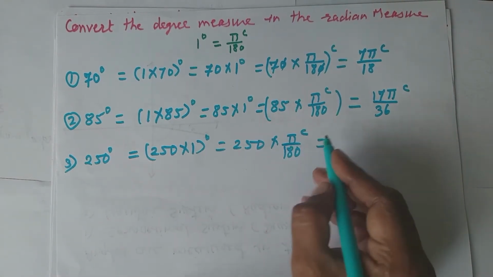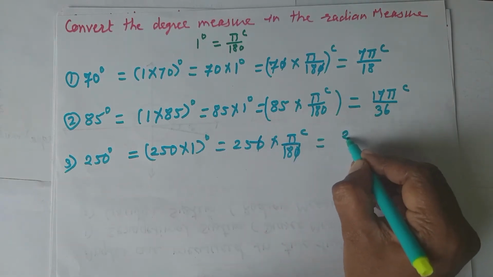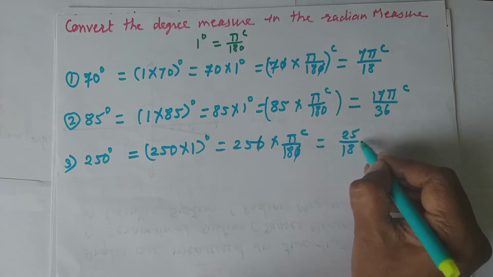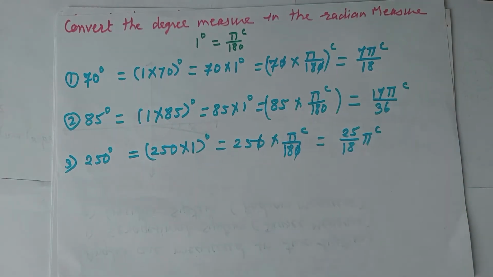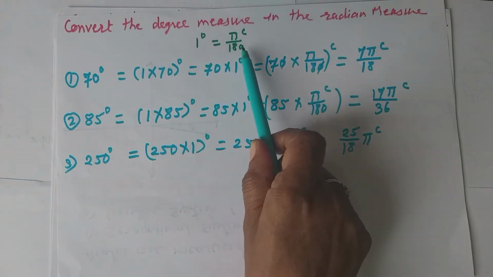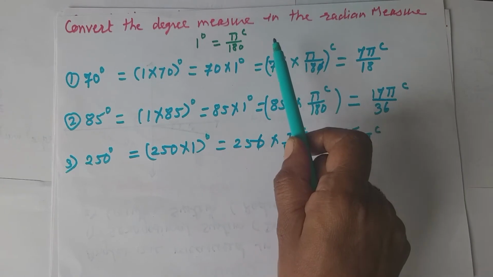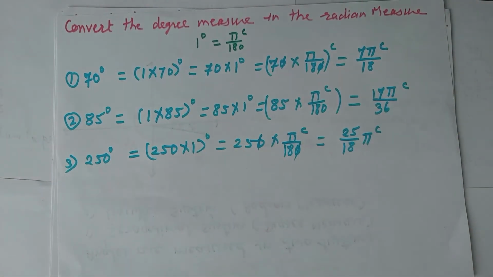This 0 will get cancelled. Simplify this and after simplification this will be 25 divided by 18 pi radians. Is it simple? If you know the formula 1 degree is equivalent to pi divided by 180 radians, then it is very simple to convert degree angle into radians.